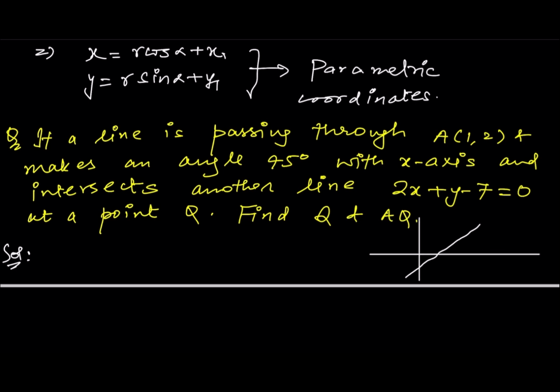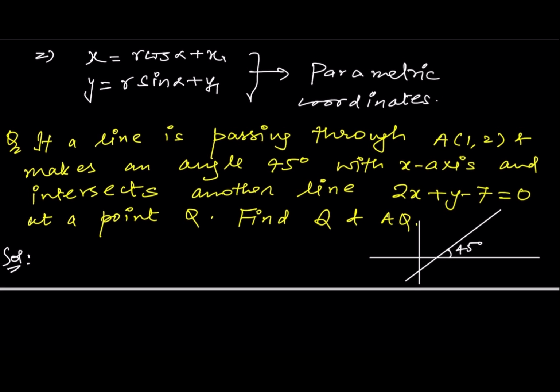A line is making an angle of 45 degrees with the x-axis and is passing through point (1, 2). So the point is A(1, 2).